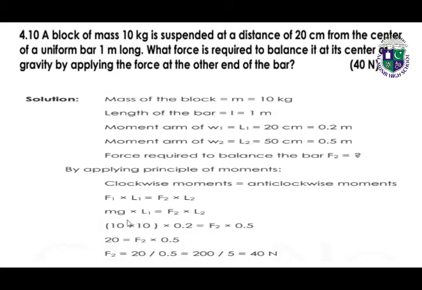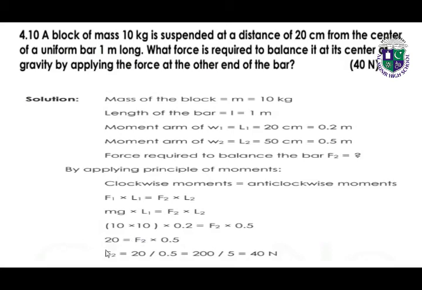So here we have the mass 10 into 10 multiplied by 0.2. Here we have the value of L1 is 0.2, F2 we have to find, L2 is 0.5. So the answer is 20 is equal to F2 into 0.5. We have to find out F2.